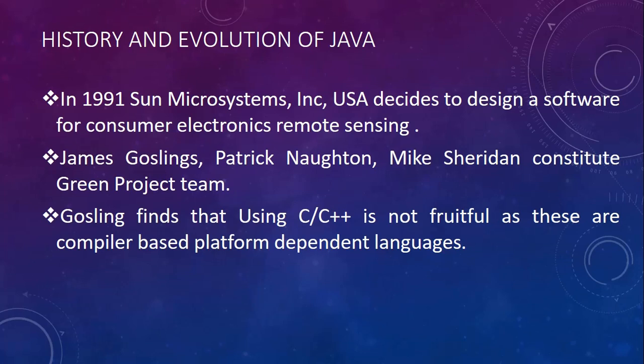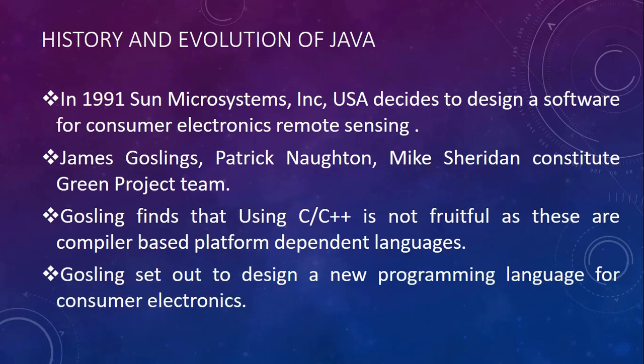They are compiler based platform dependent languages. And here the Green Project Team wanted to design a software that could work for multiple different electronic devices. Each electronic device might have a different microprocessor and a different set of instructions. So using C and C++ was the main hurdle.